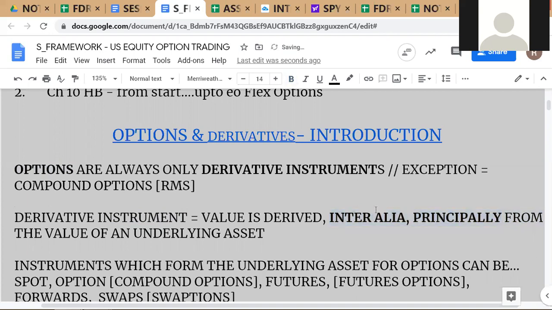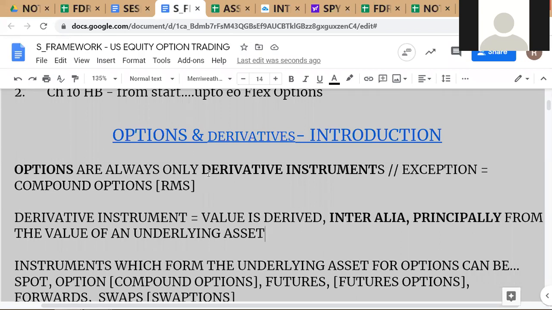These two are actually slightly repetitive. You don't need both of them, but I've done it deliberately to drive home the point. If I just use the word principally, that would have been sufficient, but I've also used the word inter alia just to drive home the point. So the general definition of derivative instruments that you find is that the value of a derivative instrument is derived from the value of an underlying asset. Now, this definition is not strictly correct.